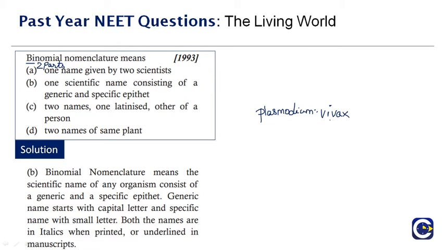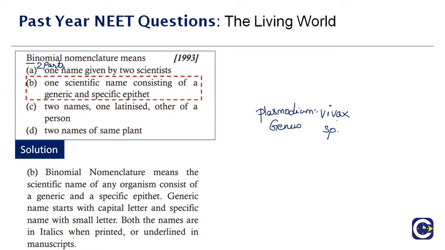This is a protozoan, a malarial parasite. Here the first part Plasmodium is the name of the genus and vivax is the species name. So this is a very good example to tell you that any scientific name will have two parts. So the correct answer to this question is option B, one scientific name consisting of generic and specific epithet.